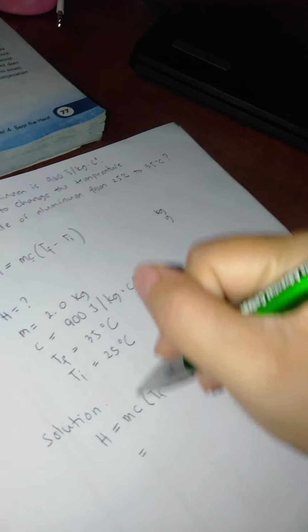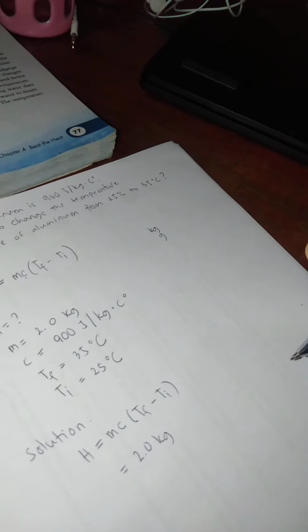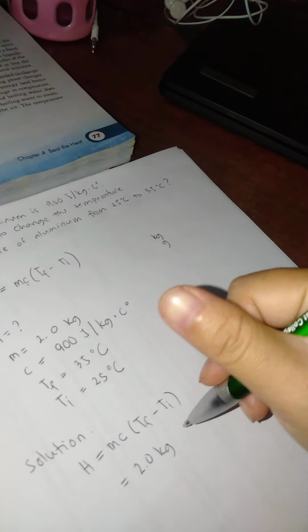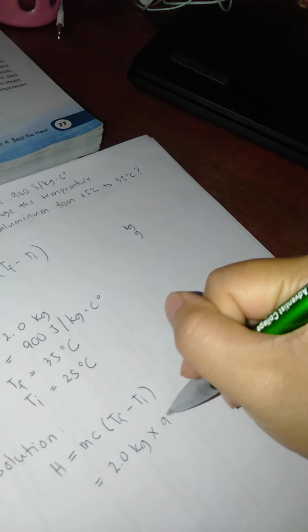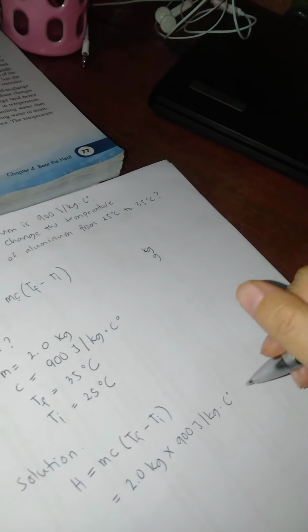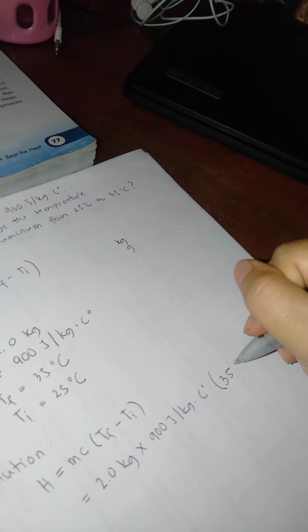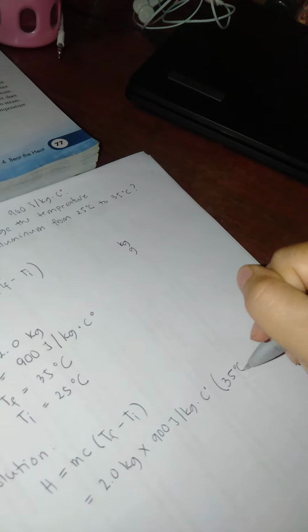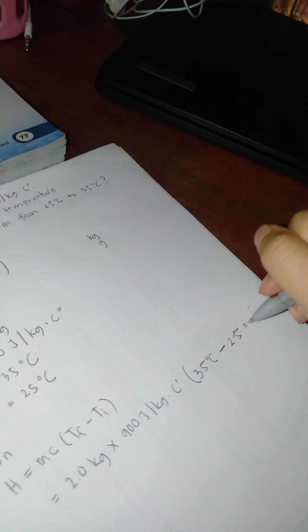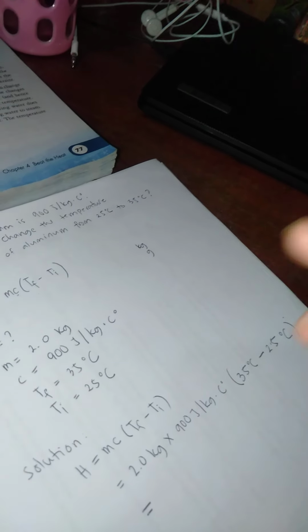Our mass is 2 kilogram. Be very careful in using the units. Times 900 J, and then our final temperature is 35 degrees Celsius minus 25 degrees Celsius.